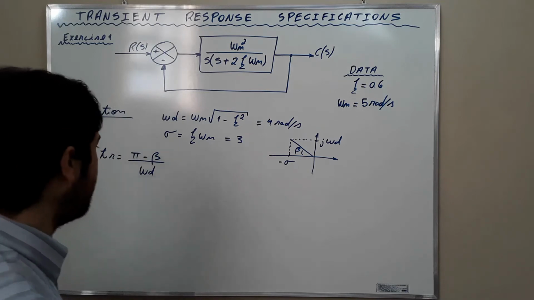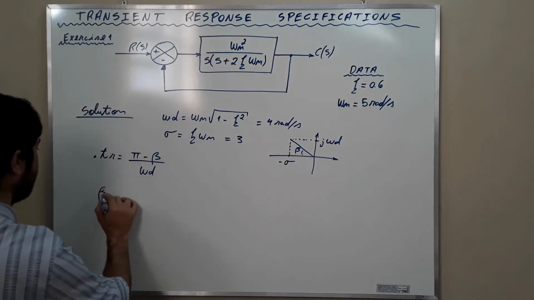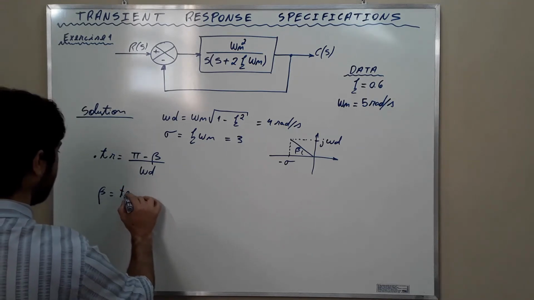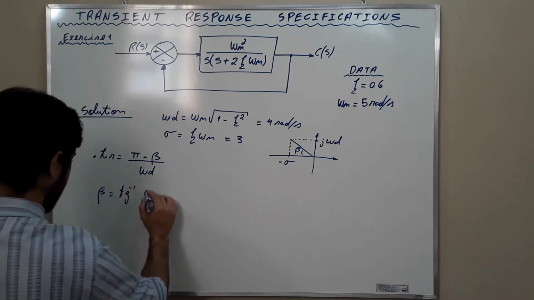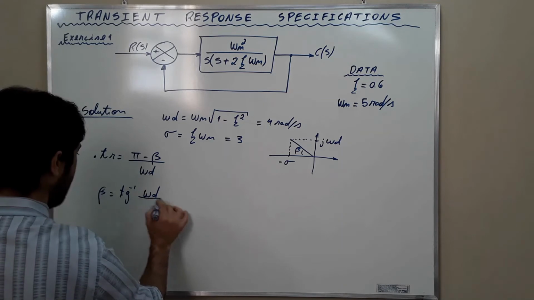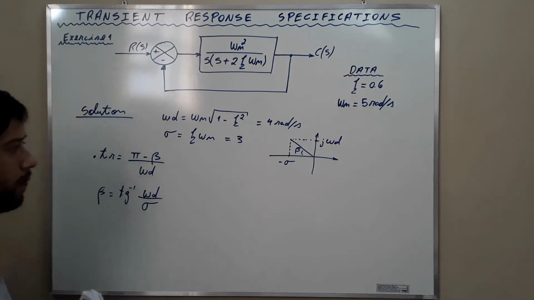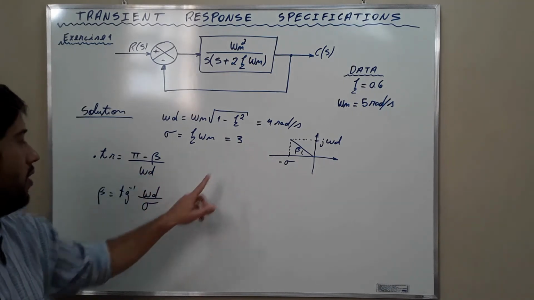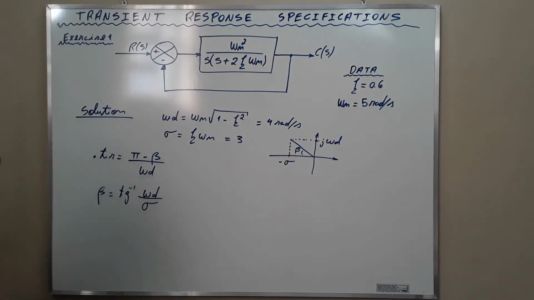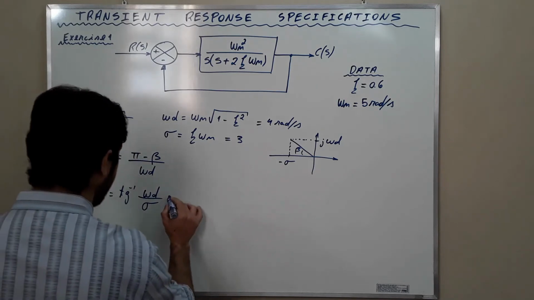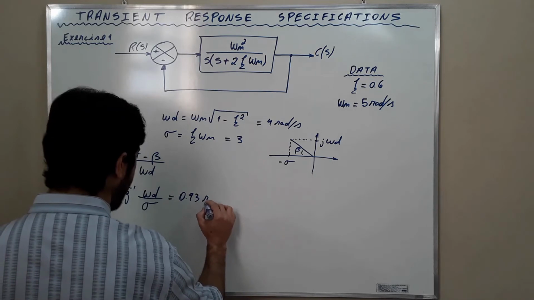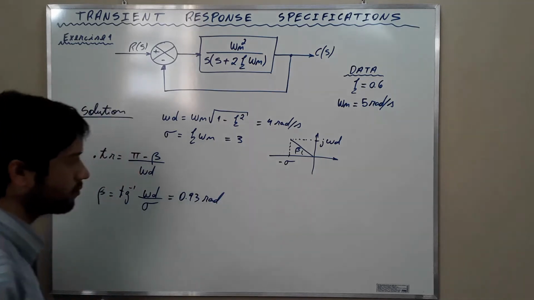And then beta is the inverse tangent of Wd over sigma. We use this value here and this value here, and we find that beta is 0.93 radians. Okay?